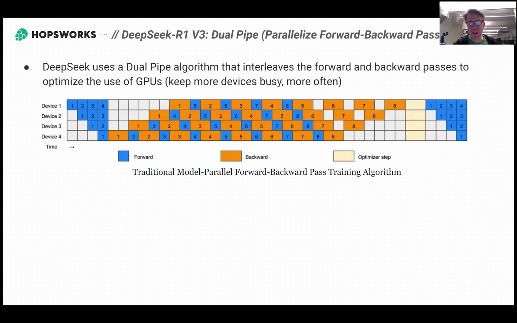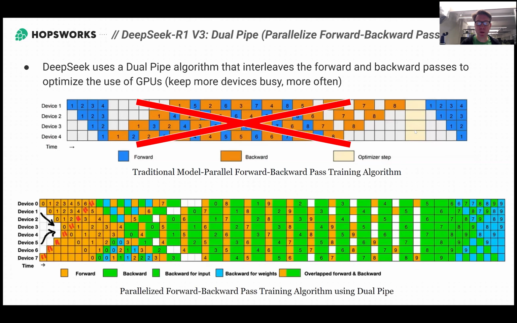So we can see there's quite a lot of white spaces not being used, and the traditional forward pass, backward pass, and then optimizer steps, you can basically play around with those and interleave them more, and you can parallelize them using this dual pipe technique. And this is the first paper I've seen in a large language model that applies this at scale, and it works quite well. So there's a lot of work they had to do in CUDA optimizers and lower level details to make this work correctly.